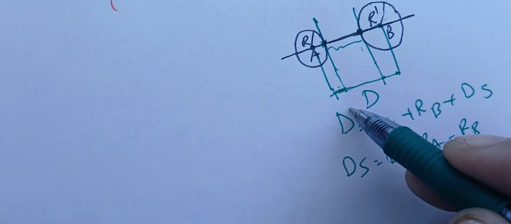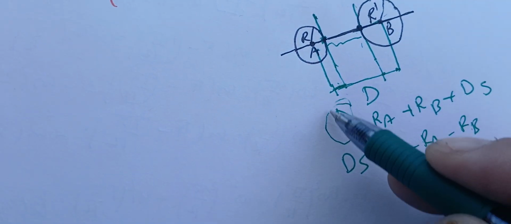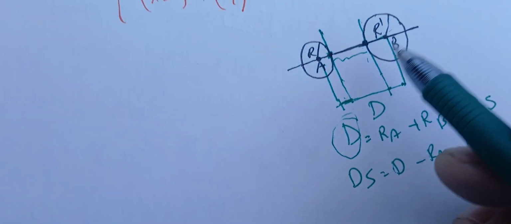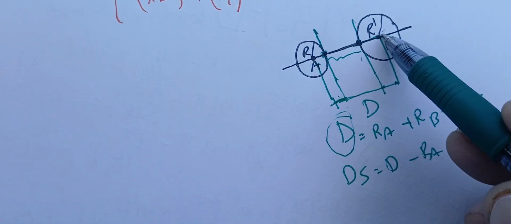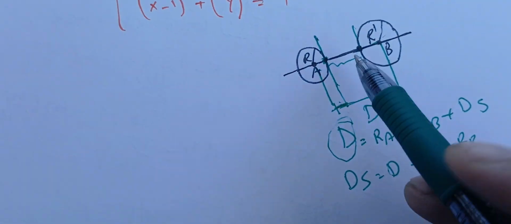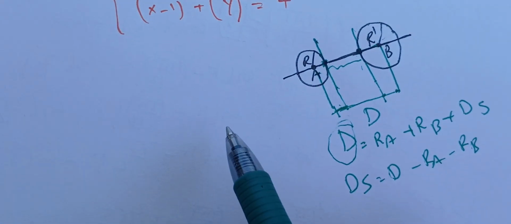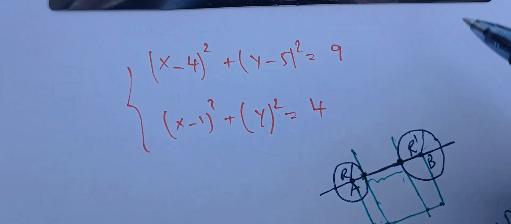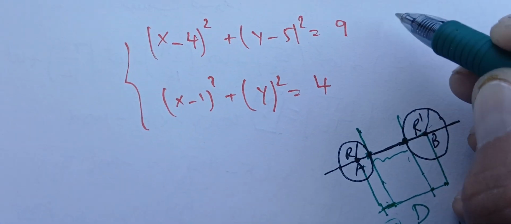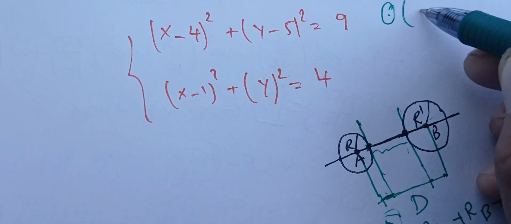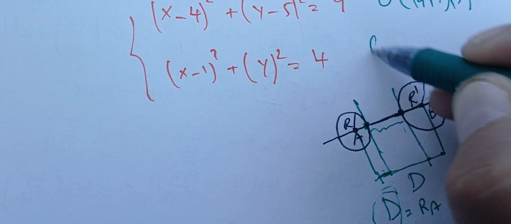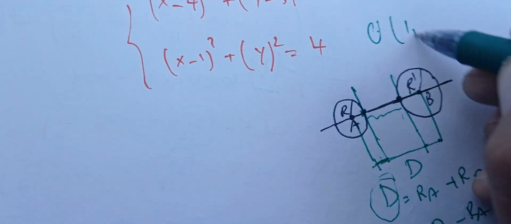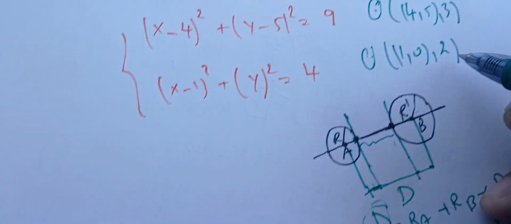We find D by using the distance formula because we know the centers of the circles. For instance, here we have this example. This is our first circle, centered at point (4, 5) and having radius 3, and the second circle is centered at (1, 0) and having radius 2.